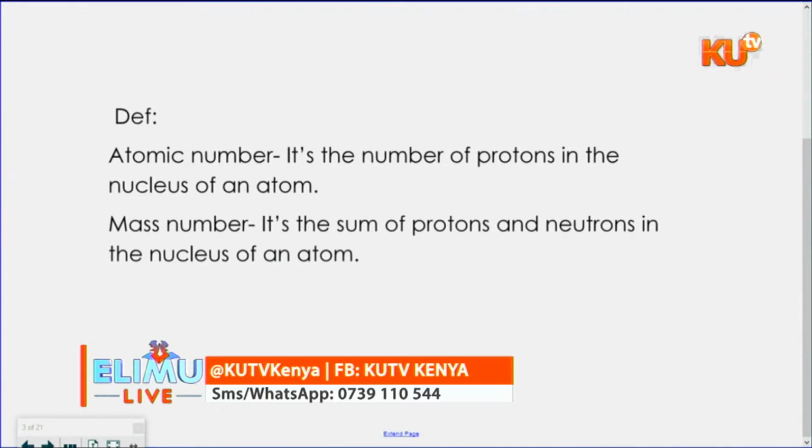Let me give you a good example. You can be having sodium, Na. Then it has been written down here 11, then up is 23.